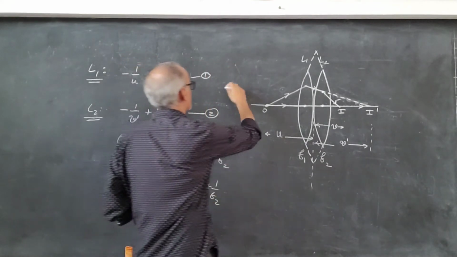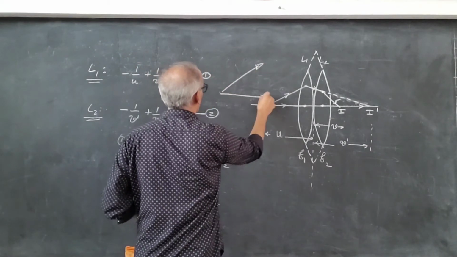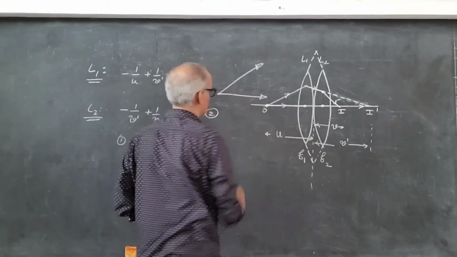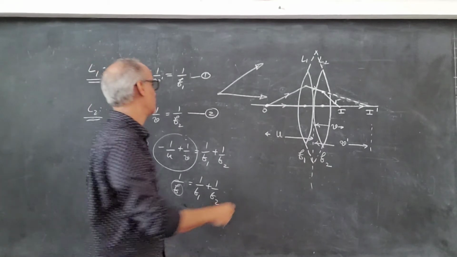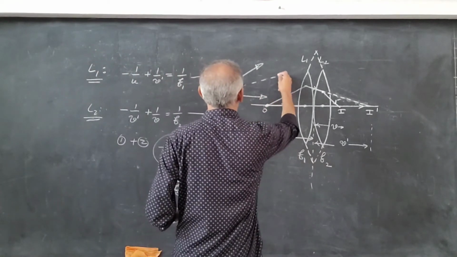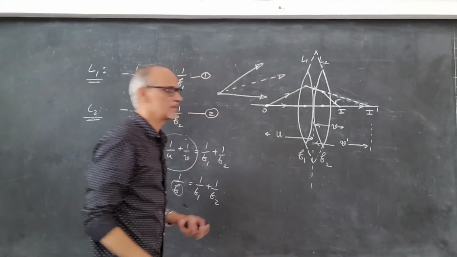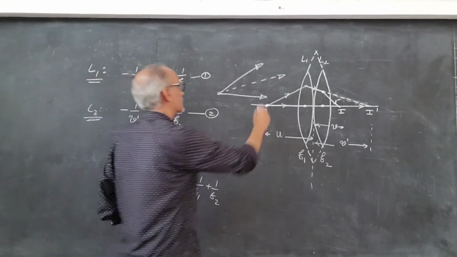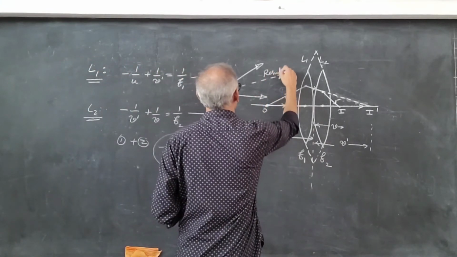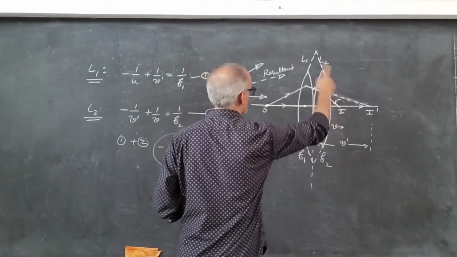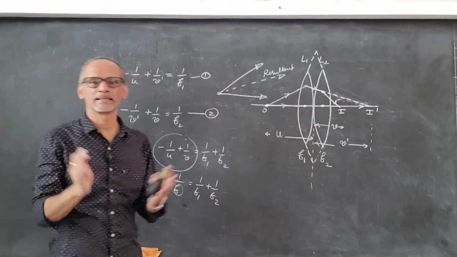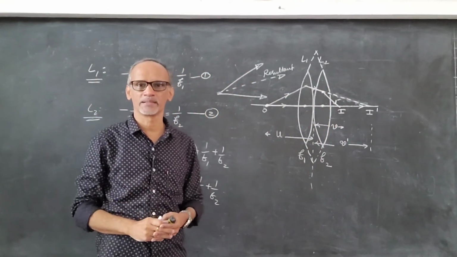Just like if there are two vectors, I can replace them by a single vector. What do we call that single vector? It's called the resultant. Similarly, these two lenses can be replaced by one single lens, and we call that the equivalent lens.